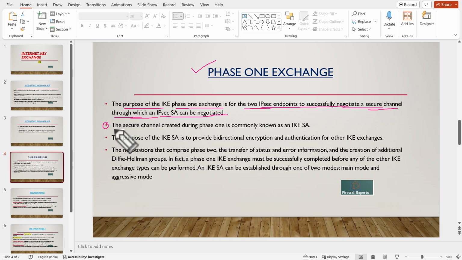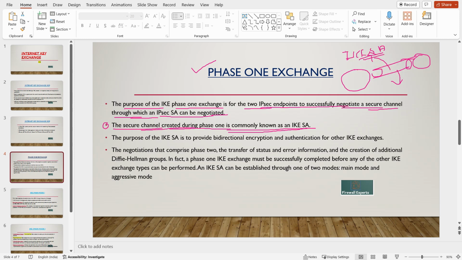The second point is that the secure channel created during phase 1 is commonly known as the IKE SA. During the negotiation, a secure channel is created, and we call this the IKE SA.